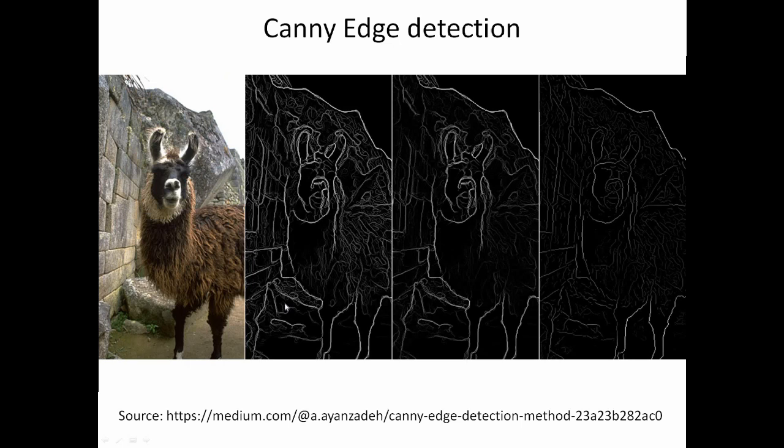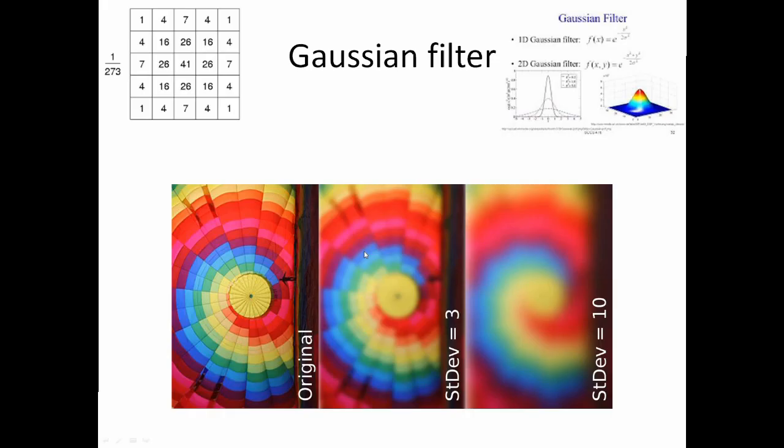Now this Canny Edge Detector has 5 stages of implementation. The first stage is the Gaussian filter. The functions at the top right corner of the slide are Gaussian functions in 1 and 2 dimensions. The first function is the Gaussian function in 1 dimension and the second function is the Gaussian function in 2 dimensions.